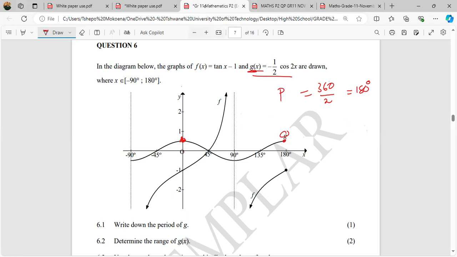Or we can look at it like this. We can use these points, okay? There are many ways, you see, so that means you can't get this one wrong. This point and this point, they are in phase, right? This is one complete wavelength between negative 90 and 90. What's the distance between?